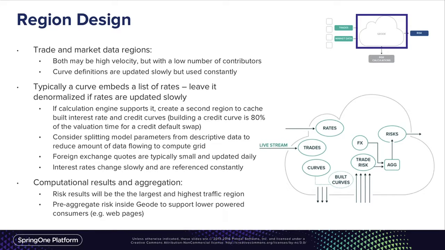Separate those. The securities get updated a lot, the curves don't. That optimizes the access against the contention for the region. And also take your risk results, which are going to come streaming back from the compute side of this, and give them their own region as well. You might, if you're aggregating in Geode, create a second region with the aggregates as well. A lot there. You can ask questions at the end.